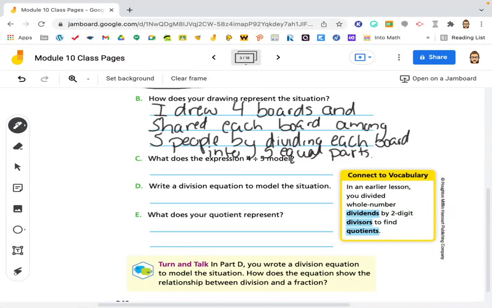So then it says, what does the expression 4 divided by 5 model? Well, in this case, it is 4 circuit boards shared among 5 people.